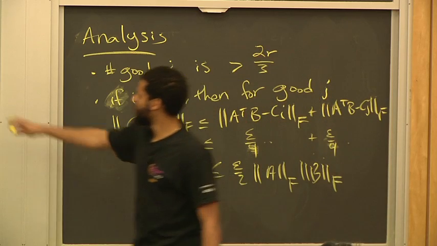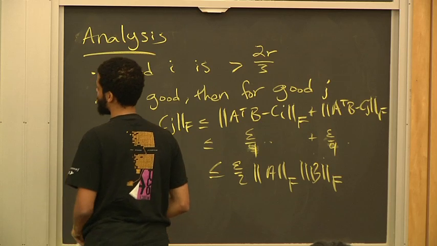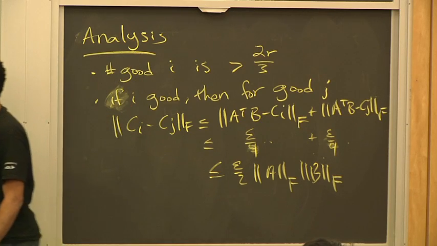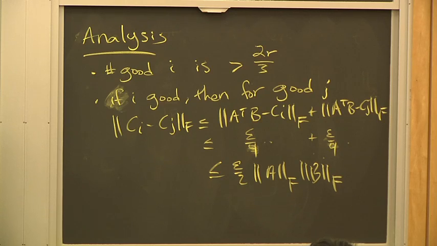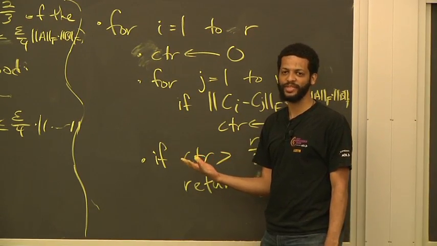Okay, so whenever we enter the main loop with a good i, we will definitely return that i. Now the question is, what if before we reach that good i, maybe some bad i fools us? Can that happen? I claim that can't happen either, by triangle inequality. The reason is, if it's close to more than half of the Cjs, well, one of those Cjs had to have been good, because the majority of Cjs are good.